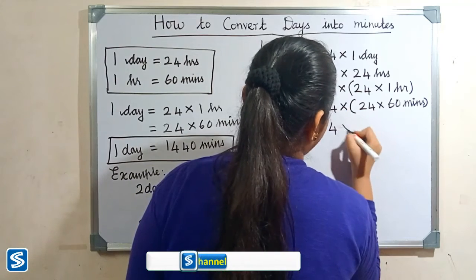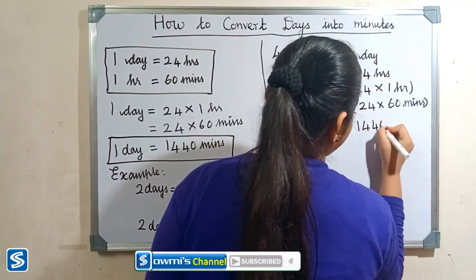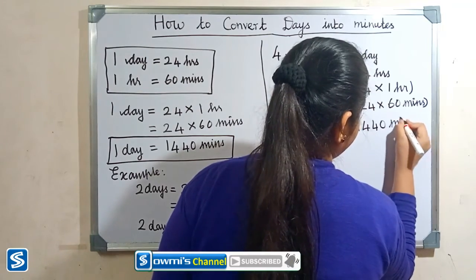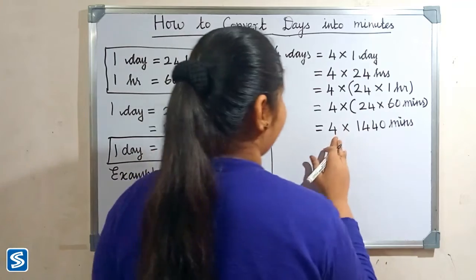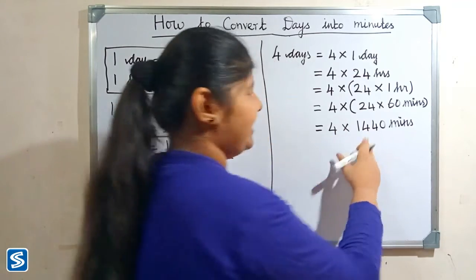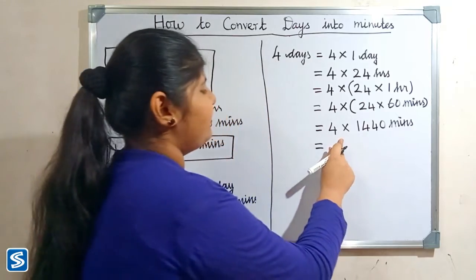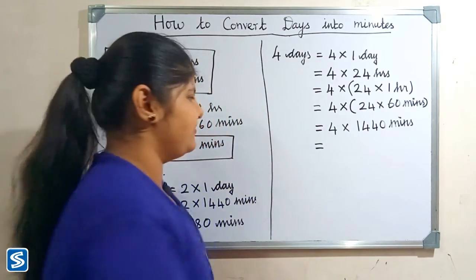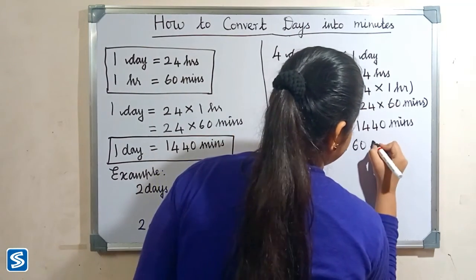So 4 multiply 1440 minutes. So now we have to multiply 4 with 1440 minutes. So 4 multiply 1440 minutes will be 5760 minutes.